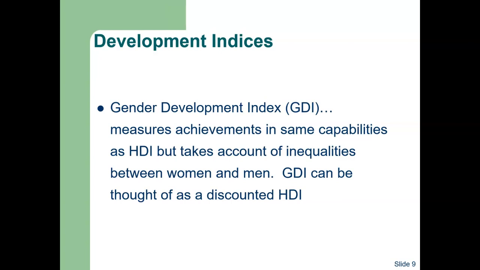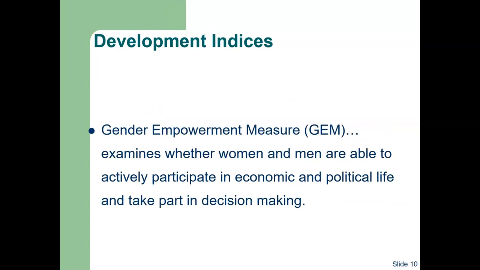GDI, that is Gender Development Index, can be thought of as a discounted Human Development Index. Then we have the Gender Empowerment Measure, GEM, which examines whether women and men are able to actively participate in economic and political life and take part in decision making or not.